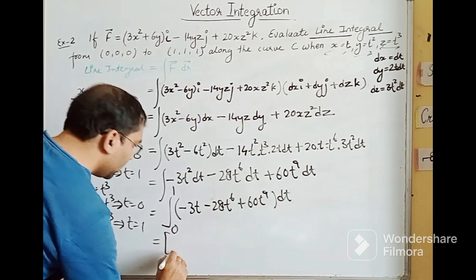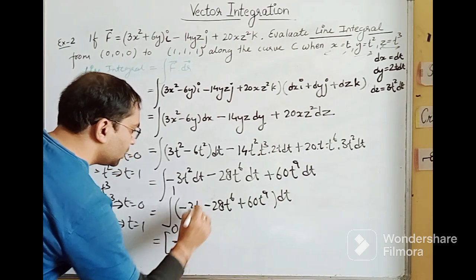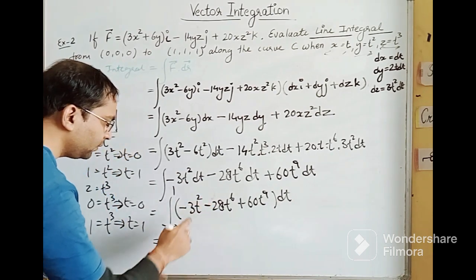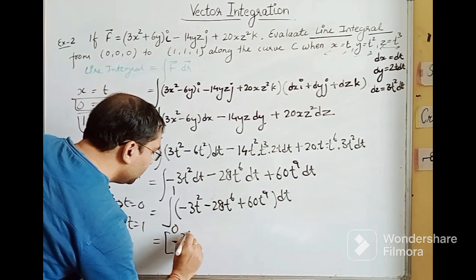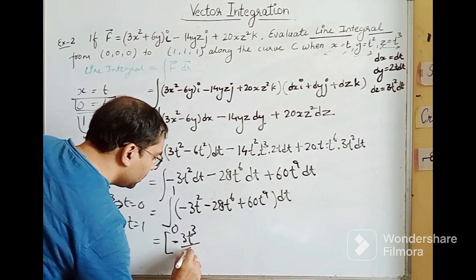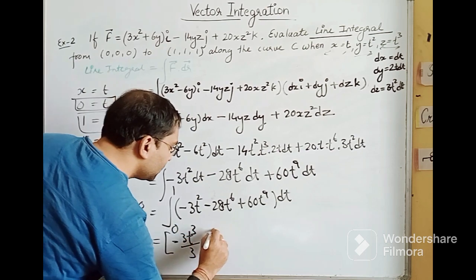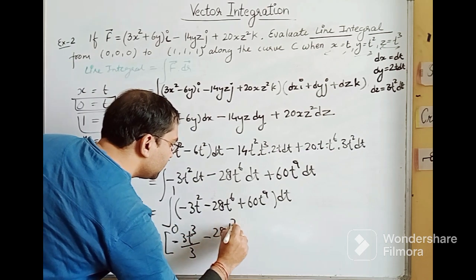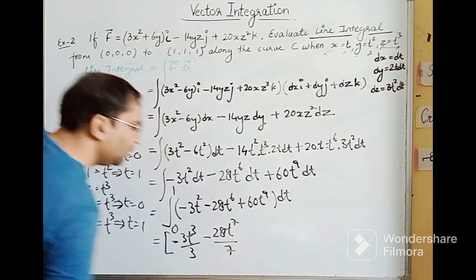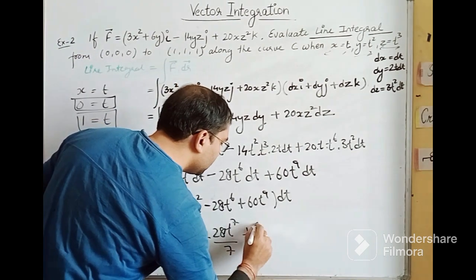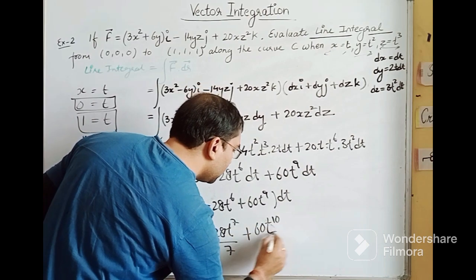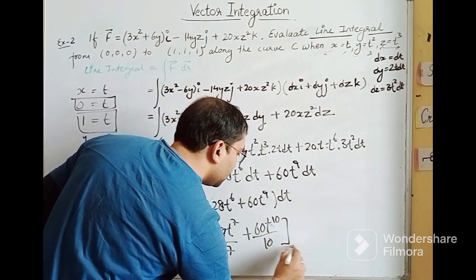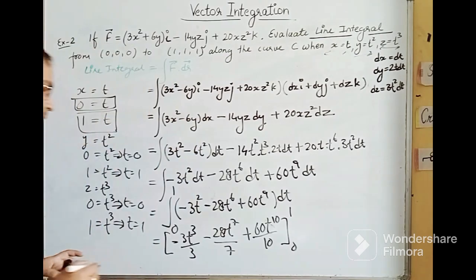So this will be minus of 3t cube upon 3, then minus 28t7 upon 7, and then plus 60t10 upon 10 with limits 0 to 1.